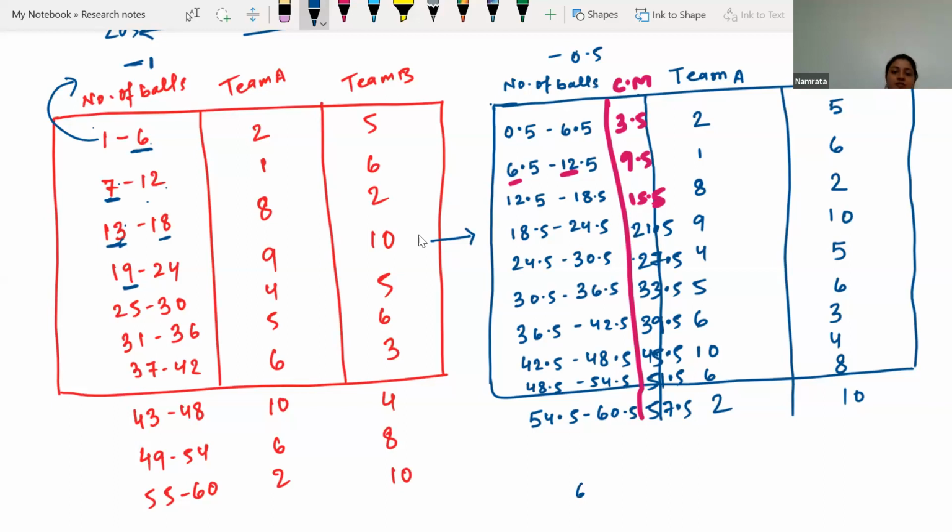From 6, we are coming to 5, then 4, then 3, then 2, then 1, we are stopping. Here 1, we will go to 0, then -1, -2, -3, -4. So -4 to 1.